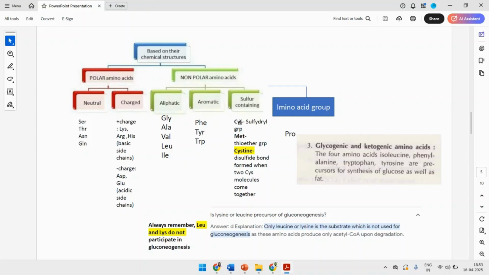Sulfur containing amino acids, you have your cysteine, methionine, and even there's another amino acid known as cystine. Now, what you have to remember is which amino acid has which particular group. For example, cysteine, because it is sulfur containing, contains a sulfhydryl group.